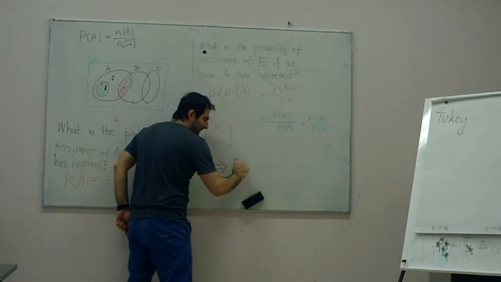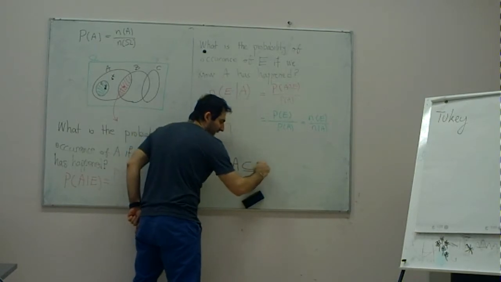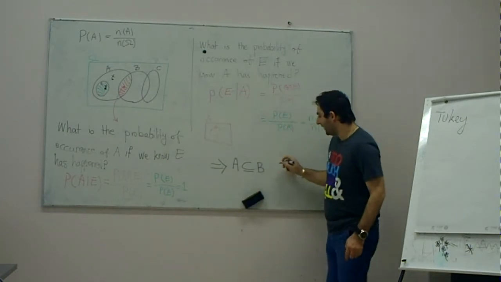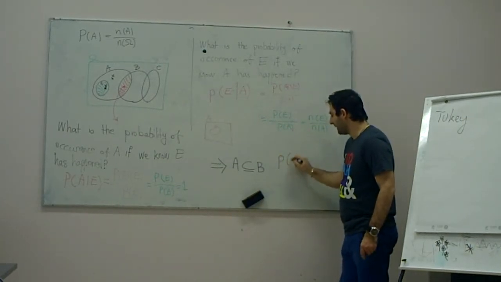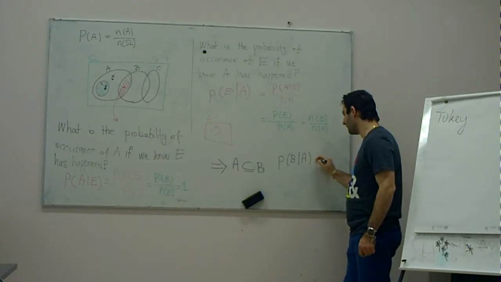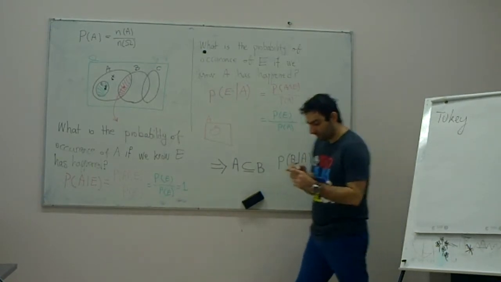If A is a subset of B, then the probability of B given A is always equal to 1.